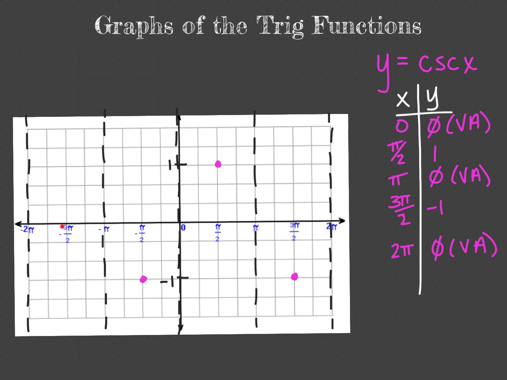And then at negative 3 pi over 2, which is really positive pi over 2, our cosecant is +1. This graph, in a similar way to secant, looks the same. It is of the same form here, with a parabolic form in between every 2 asymptotes. This is what the graph of cosecant looks like.